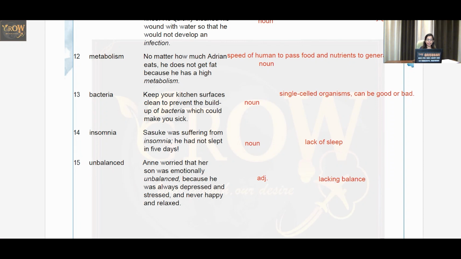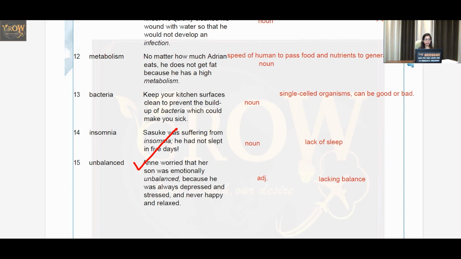Annie worried that her son was emotionally unbalanced because he was always depressed and stressed and never happy and relaxed. उसको लगता है एनी को कि उसका जो सन है वो इमोशनली अनबैलेंस्ड है. Why so? Because he is always depressed and stressed में रहता है and never happy and relaxed.